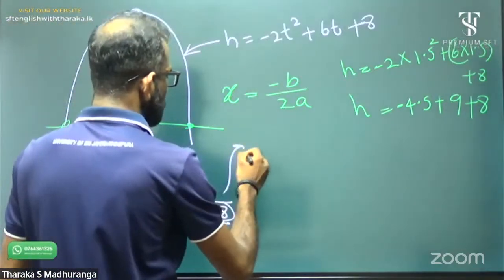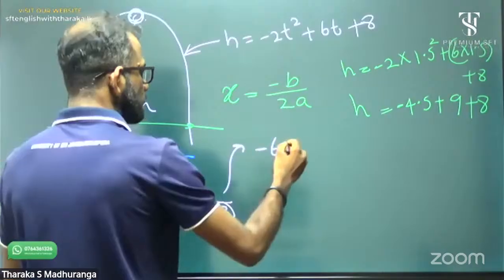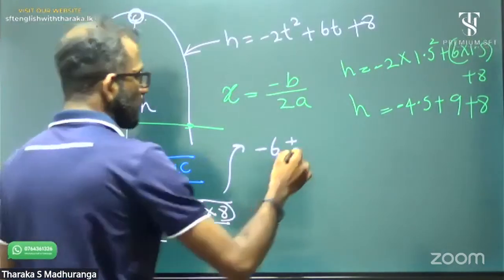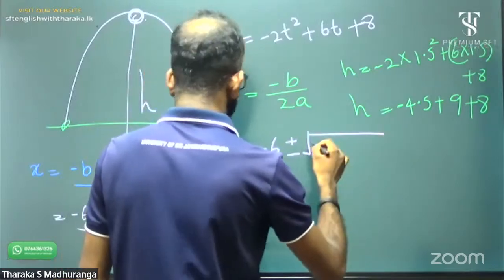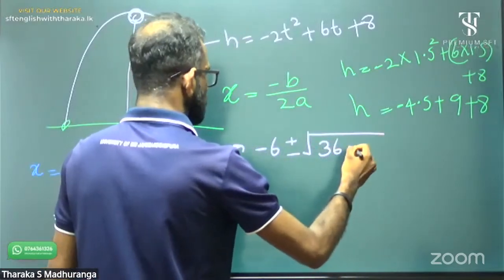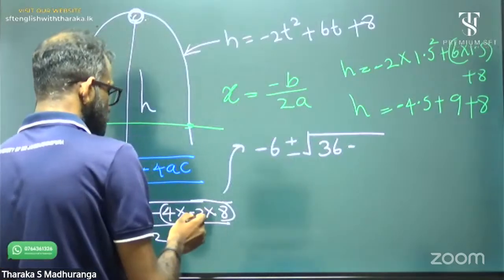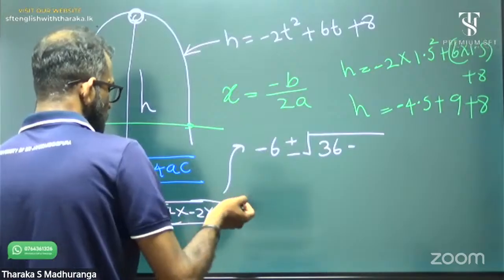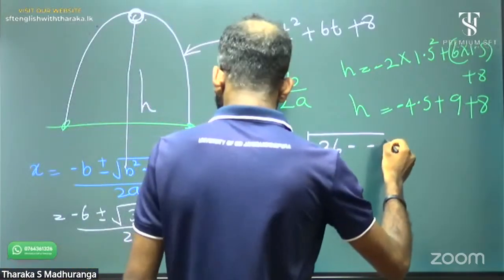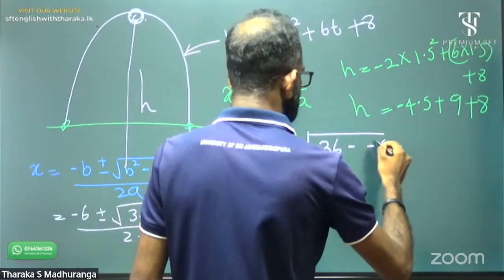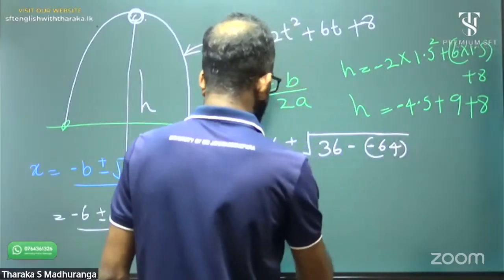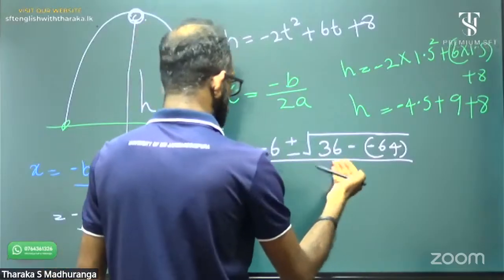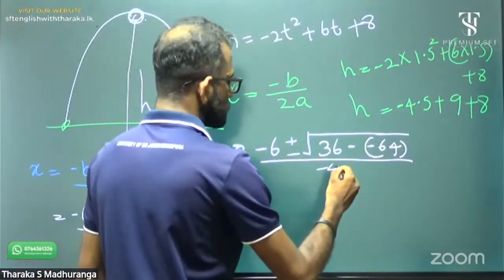Minus 6 plus or minus the square root of 36 plus 64, over 2a, which means 2 into minus 2, that is minus 4.